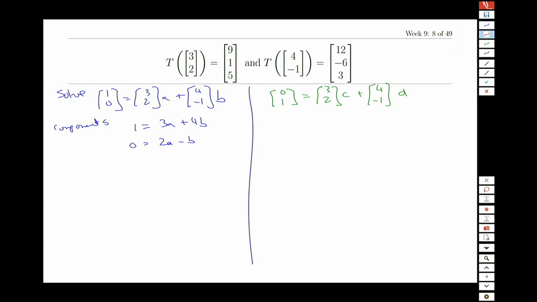That second equation gives us b: b is equal to 2a. We'll sub that into the first, and we get 1 equals 3a plus 4 times 2a, 11a, a is equal to 1/11, and b is equal to 2a, which is 2/11.